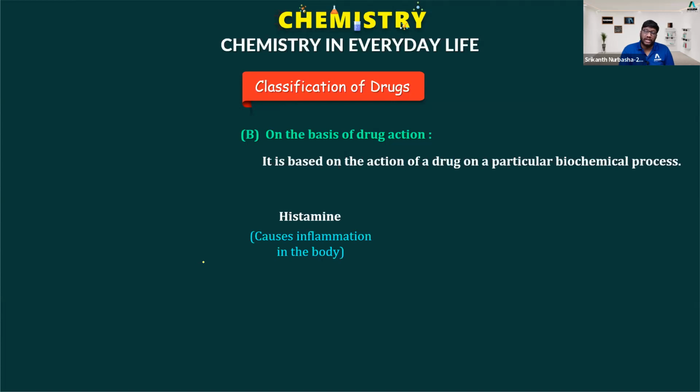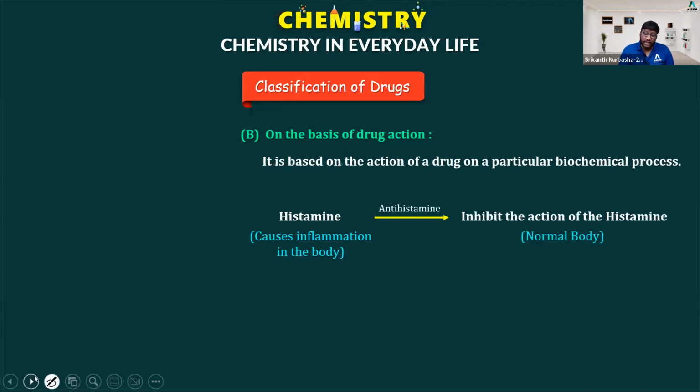That means it is based on the drug action, what type of drug we have taken and what the action of that particular drug is. If you take an antihistamine, it will not allow the histamine to cause the inflammation. So based on the action of that particular drug, the naming has been done. Histamine causes inflammation in the body. If you take an antihistamine, it will inhibit the action of histamine, which means you will have a normal body. So classification of drugs has been done based on drug action, and also based on pharmacological effect.